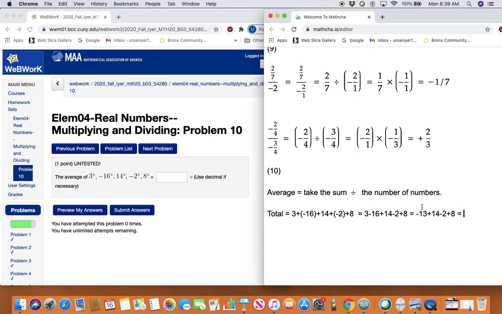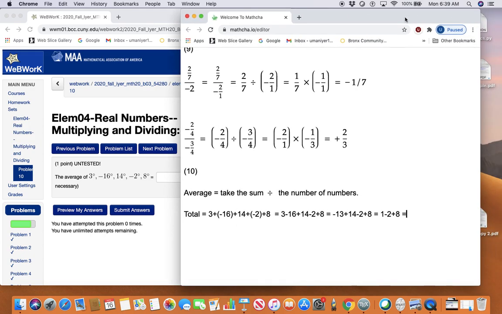Again, negative 13 plus 14. Well, that's more with a positive. So 1, negative 2 plus 8, which is same as 1 minus 2 is a negative 1 plus 8, which is finally 7.